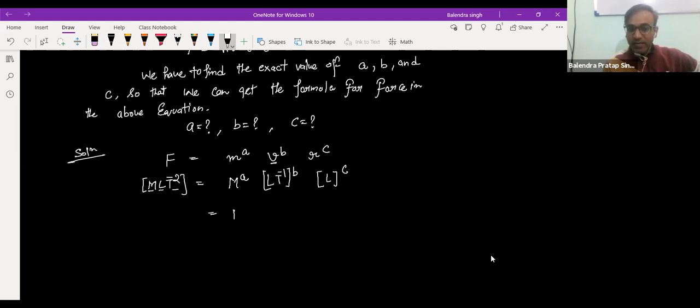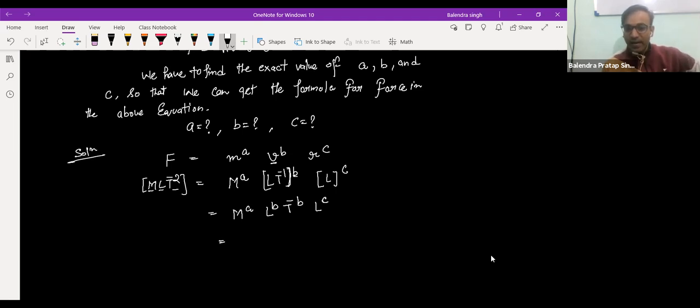And on the right hand side we can say M raised to the power a, L raised to the power b, T raised to the power -b, because (L T^-1) raised to the power b. And the next parameter is L raised to the power c.